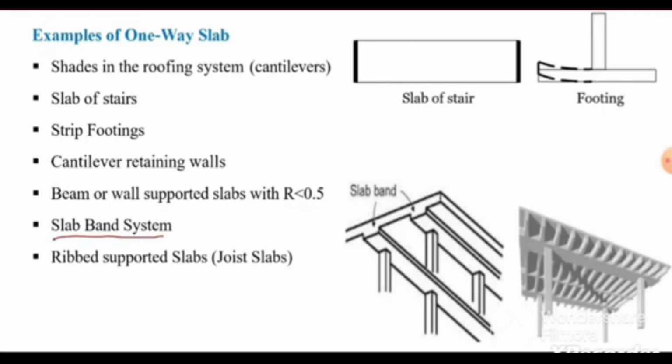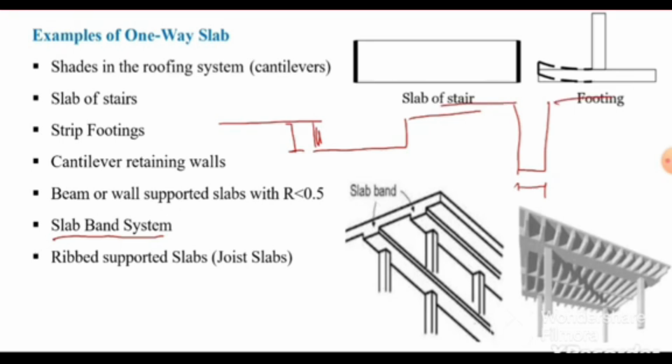Similarly, the slab band system. Actually a band is a modified shape of a beam. In case of a beam we have a larger depth but smaller width, but in case of bands we have larger width but smaller depth. In case of a band slab system we have bands running along the line of the columns, but in case of a beam column system we have beams running along the columns.